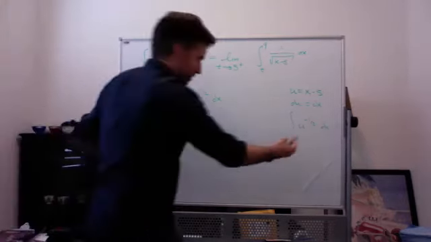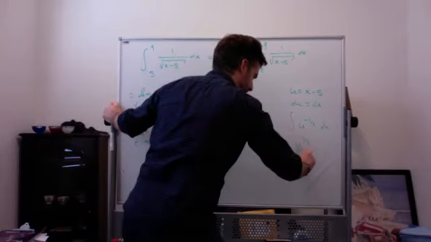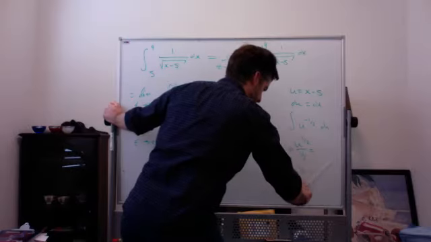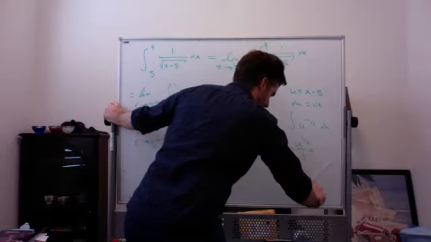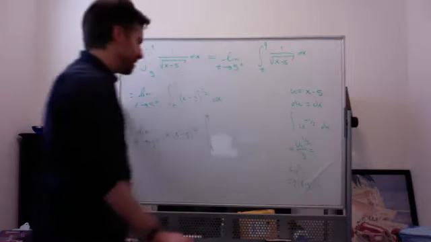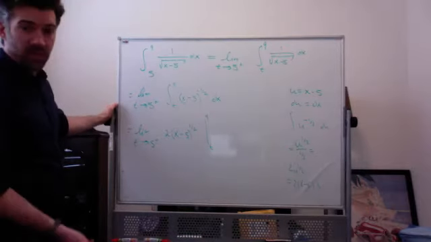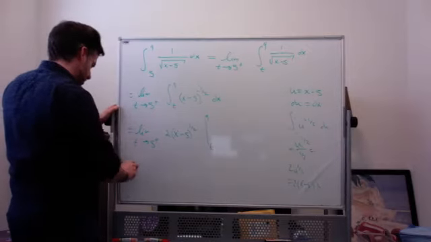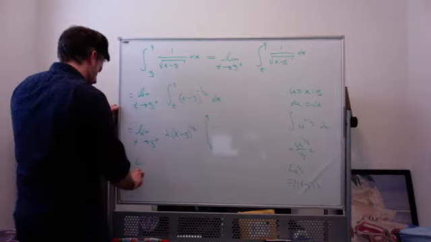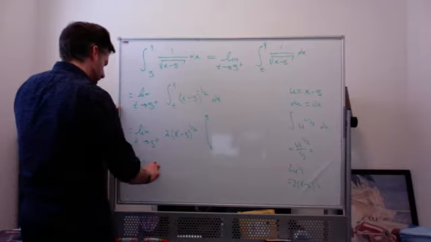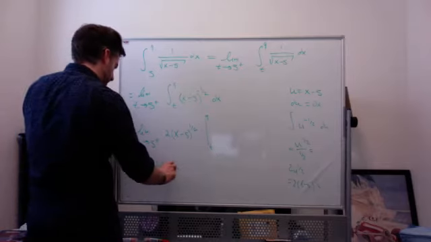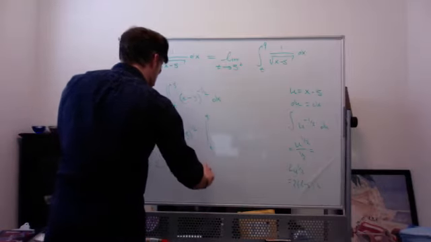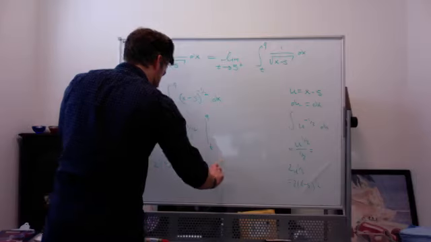Or we could have said it's u to the 1/2 divided by 1/2, which is 2u to the 1/2, 2 times x minus 5. I don't think you need to do all that. And then we plug in our limits of integration. Before we take the limit, the limit is t approaches 5 from the right of 2 times 9 minus 5 to the 1/2 minus 2 times t minus 5 to the 1/2.